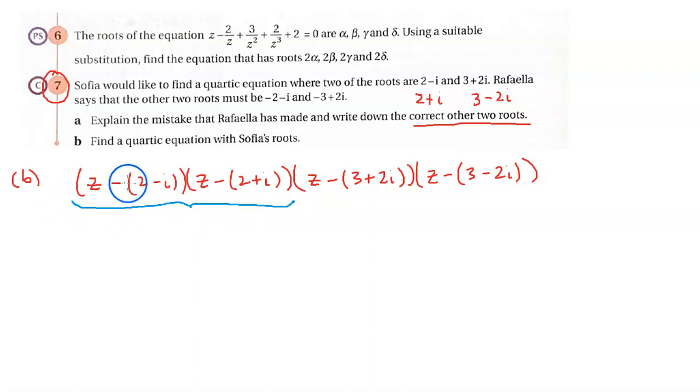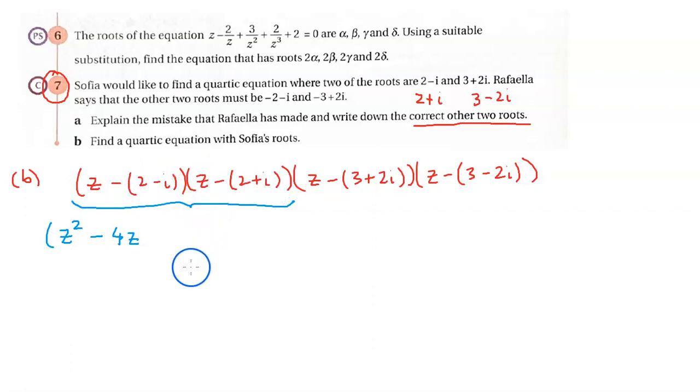So let's go ahead and do that. So just expanding this pair of brackets, so we get z squared, and then minus 2z, and then minus 2z again, so that's going to be minus 4z, and then as we said, it's going to be minus negative i times z, and then just minus positive i times z.